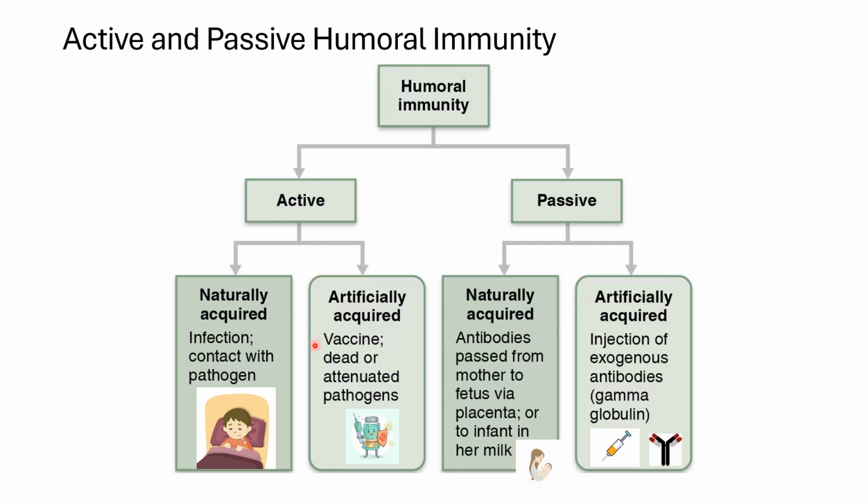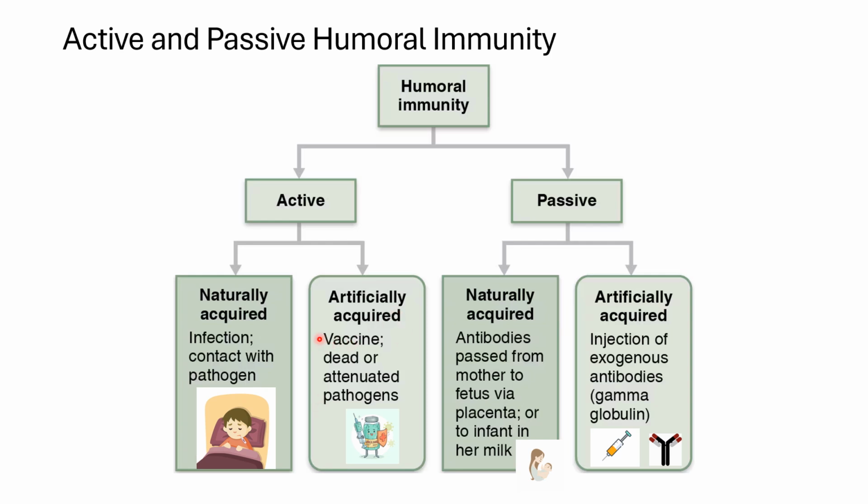Through vaccines. Vaccines can be dead or attenuated pathogens. What are attenuated pathogens? They have been made so that the body will not give a very big response to them. They have been somehow slowed, or humbled, you can say.